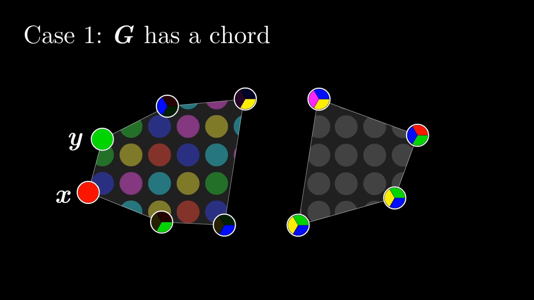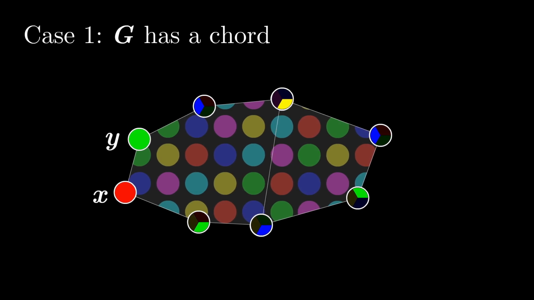Let's modify the list assignment of the other part so that the 2 vertices of the chord are assigned lists of length 1 with the colors that were selected in the coloring of the first part. Then, by induction again, the second part admits a coloring. Since the colors of the duplicated vertices coincide, we can fuse the 2 parts to get a coloring of the original graph, as desired.